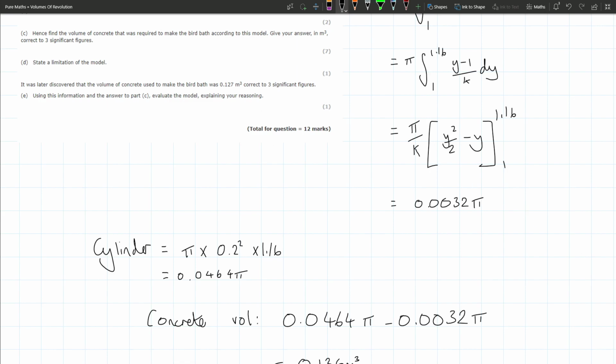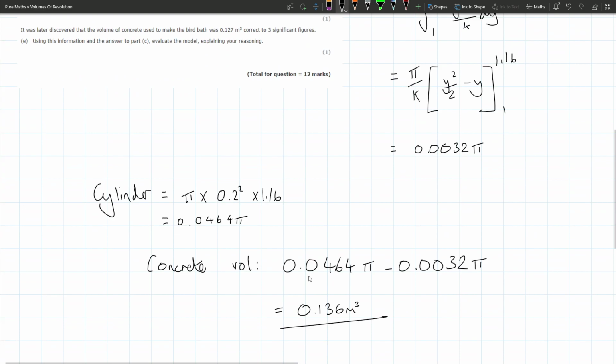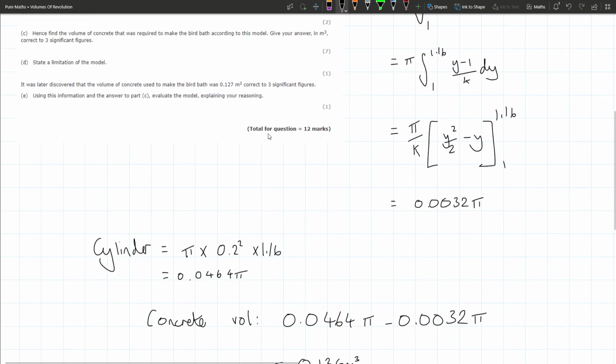Let me think, what does that mean? I guess what we could do is find a percentage error between the 0.136 and the 0.127, and then say it's because of waste, so it's not a good model. Or I mean, I don't really know what this is asking, to be honest.